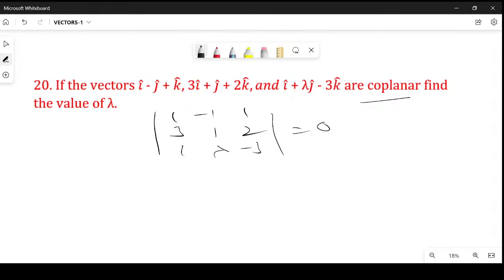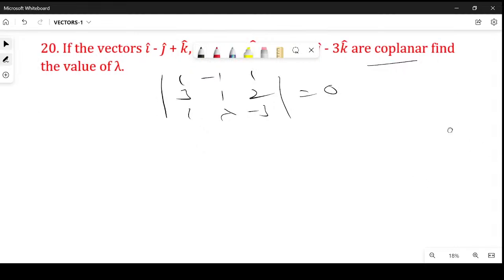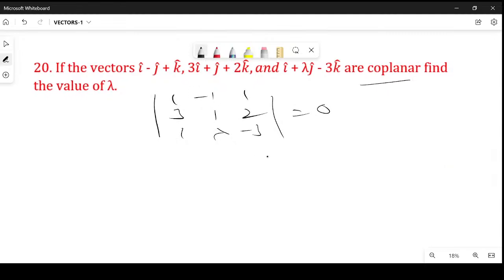Just expand this, you can write 1 into minus 3 minus 2 lambda, plus 1 into minus 9 minus 2, plus 1 into 3 lambda minus 1, equal to 0.